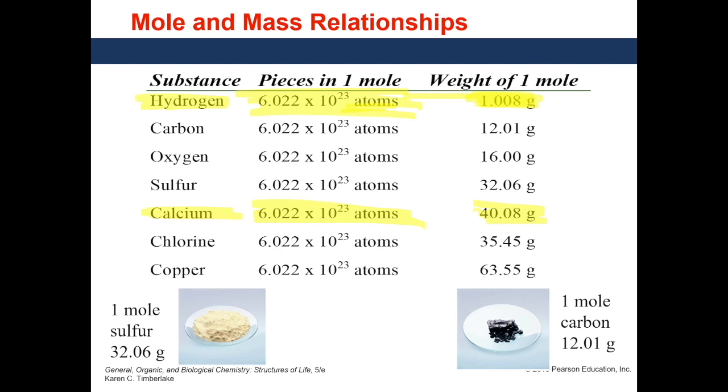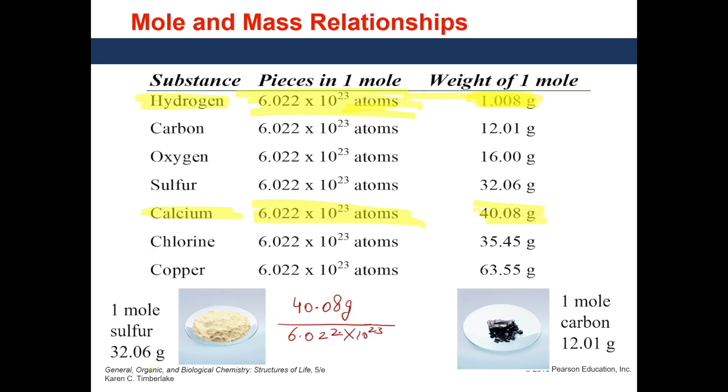So what is the weight of 1 atom of calcium? 1 atom of calcium would essentially weigh 40.08 grams over 6.022 times 10 raised to power 23.